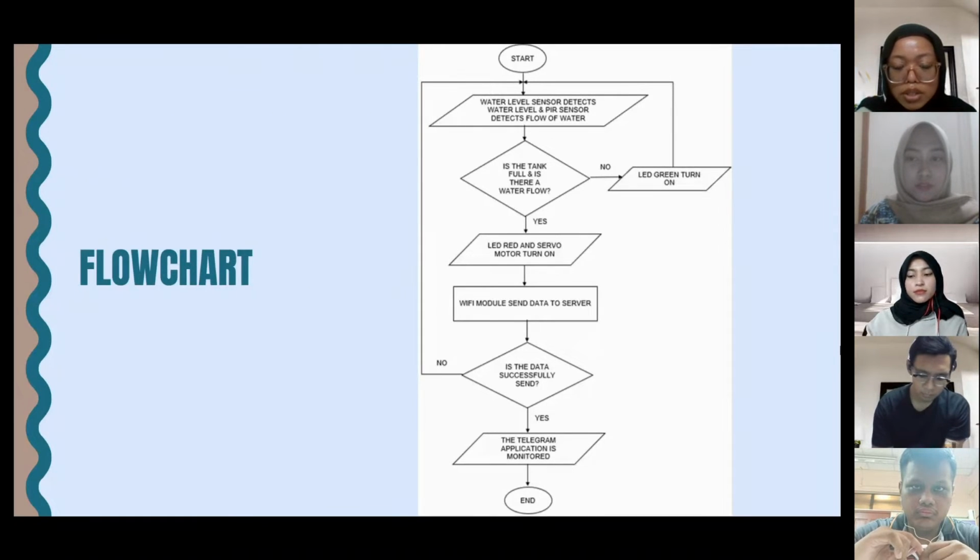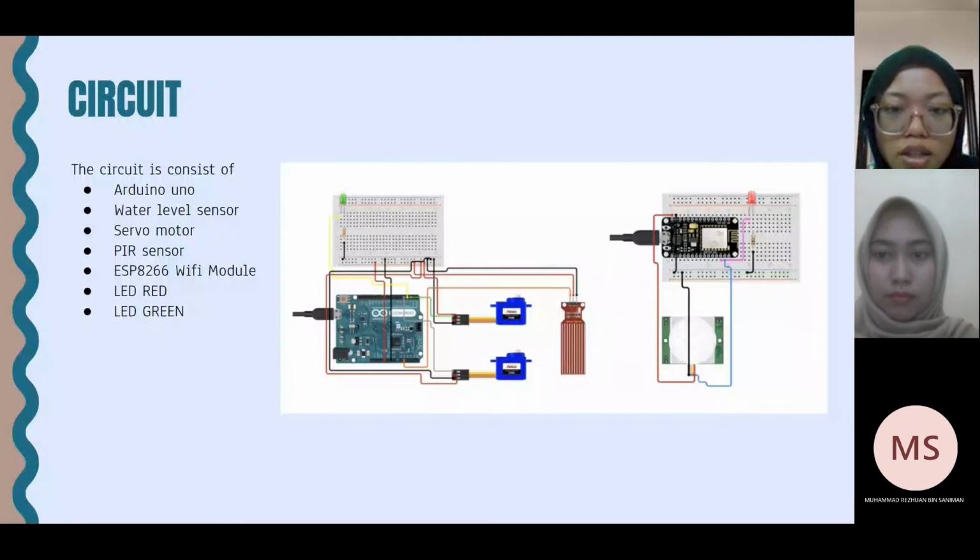Okay, next, for the circuit diagram, the green LED is connected with Arduino to indicate the normal level of water in the tank. The same goes for the red LED, which is connected with the ESP8266 Wi-Fi module to indicate abnormal water level. The water level sensor is connected with servo motor 1 and servo motor 2 to close the first and open the second barrier respectively.